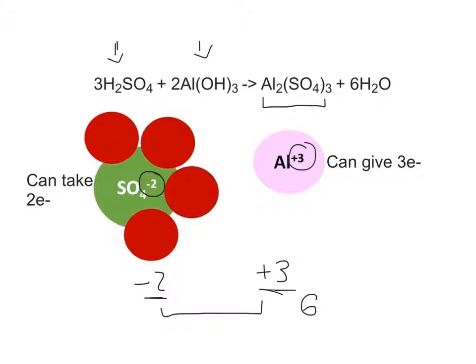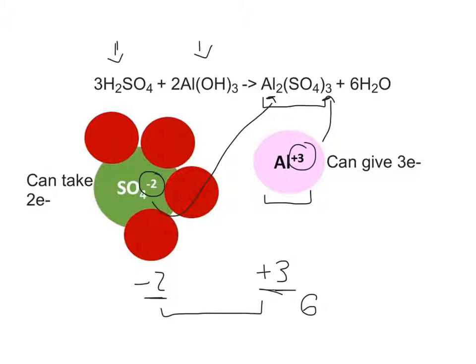We see that the charge of our metal becomes the subscript of our nonmetal, and vice versa, that the charge of our nonmetal becomes the subscript of our metal.